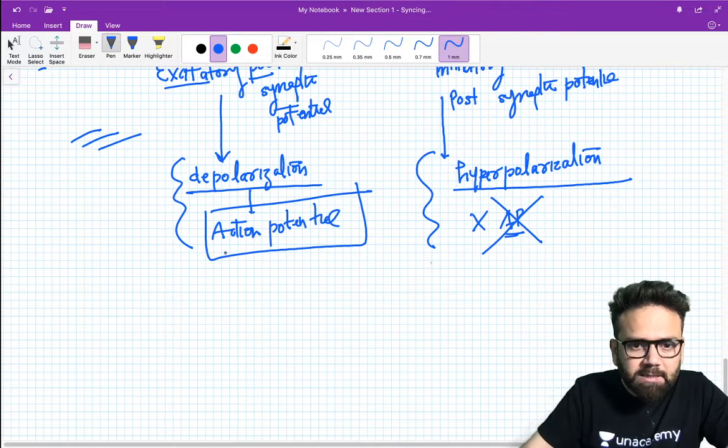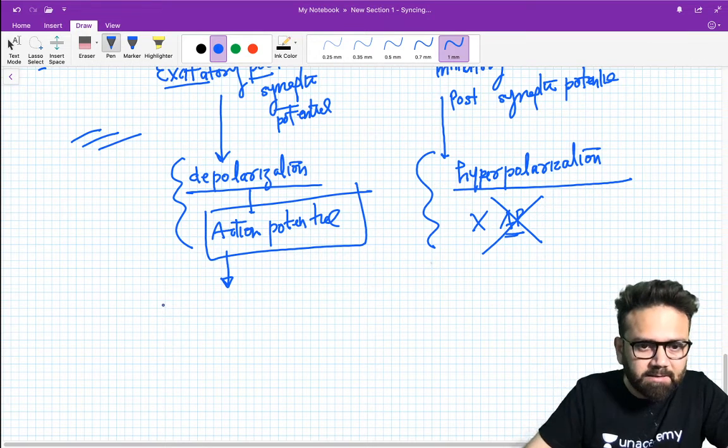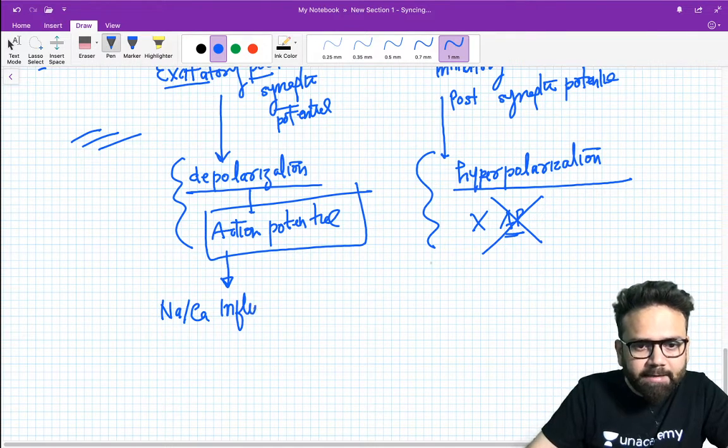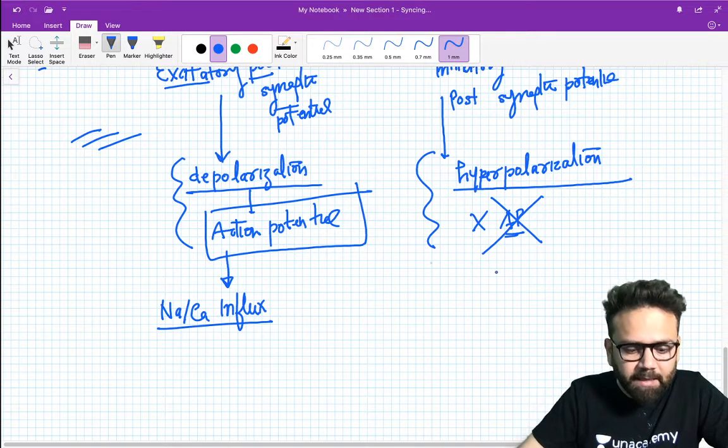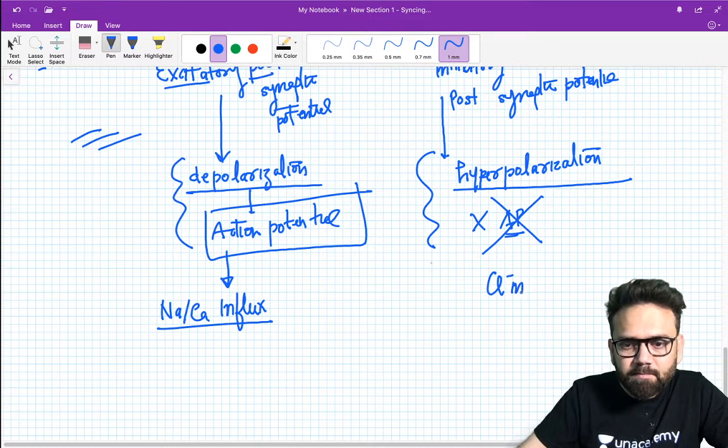Now EPSP is mainly because of what? It is mainly because of cation influx, like sodium and calcium influx. Cation influx will cause EPSP, and IPSP is mainly because of either anion influx or cation efflux.